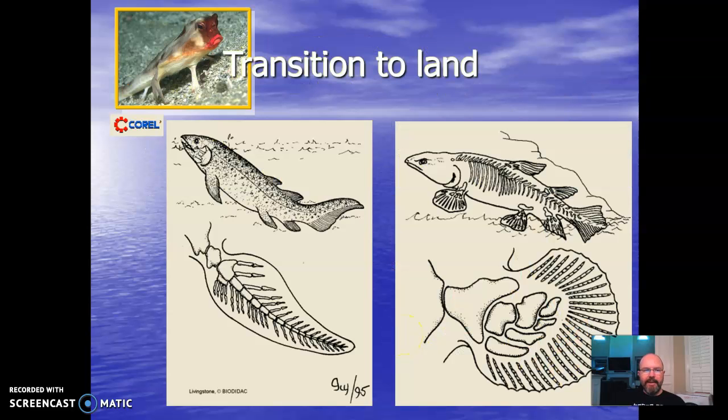This transition to land, we think, occurred from fish that had bones in their fins, and those bones transitioned to being finger-like projections in the lobe-finned fish, used for locomotion in some cases and moving along the bottom of the substrate that they live in. Here's a nice picture of a mudskipper using its fins to push itself around, and that eventually gave rise to limbs.